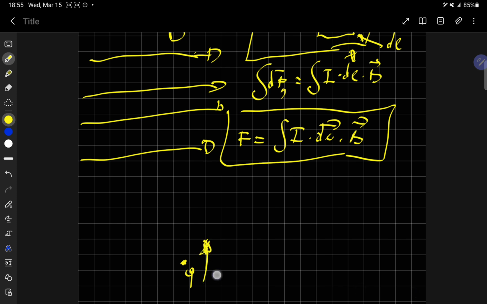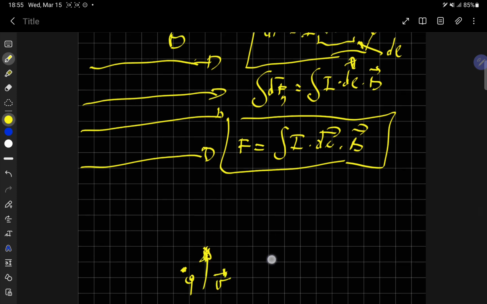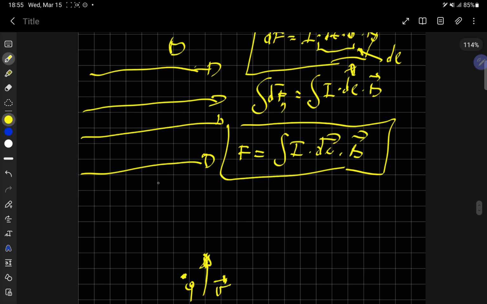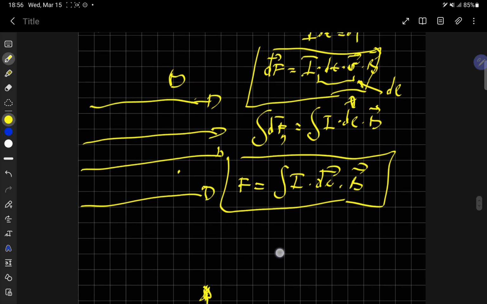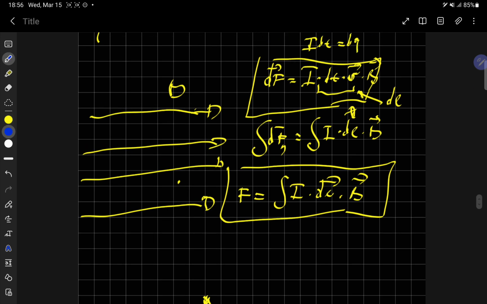My drawing is awful, but now let's imagine that this q is in this constant magnetic field. As I mentioned earlier, the force on this charge will be perpendicular to the velocity, and the charge will start moving in a circle.